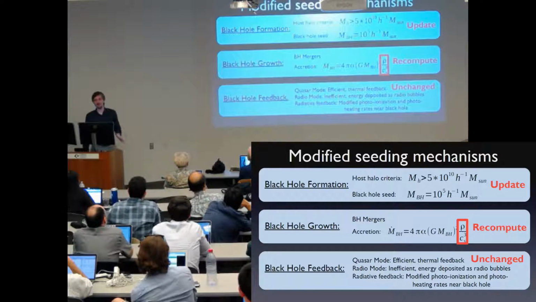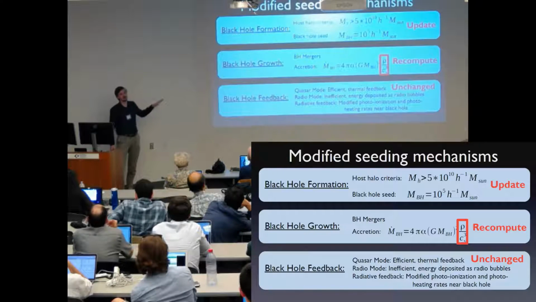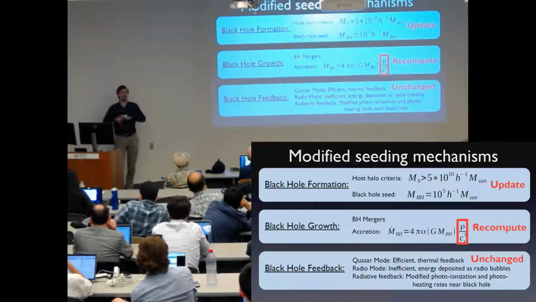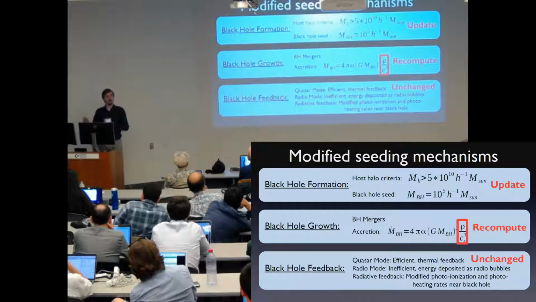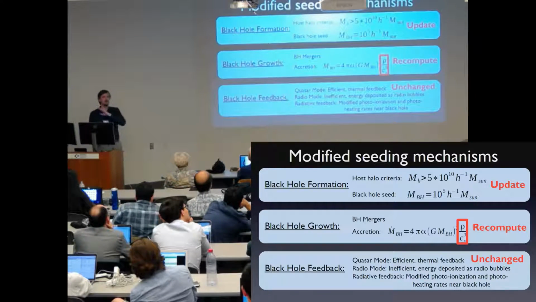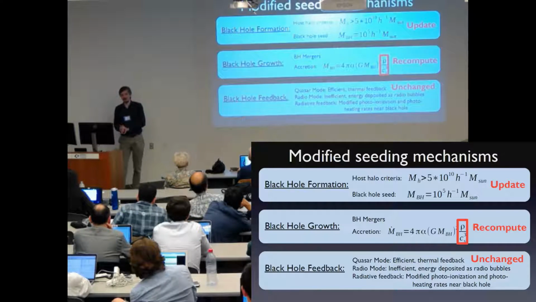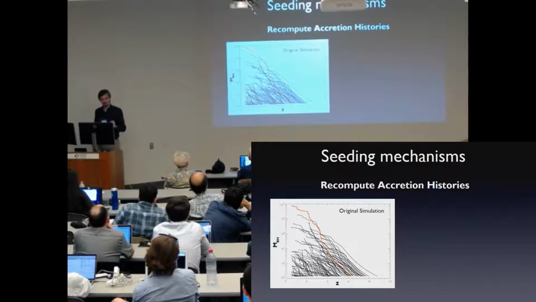Because we're not rerunning the simulation, the feedback was already put in, we can't change that. So we're limited once we start getting to the most massive black holes where feedback is important. But until then, this lets us recompute the whole history and do a pretty good job, and you can run it on a desktop in an order of a day instead of tens of millions of hours on a supercomputer.